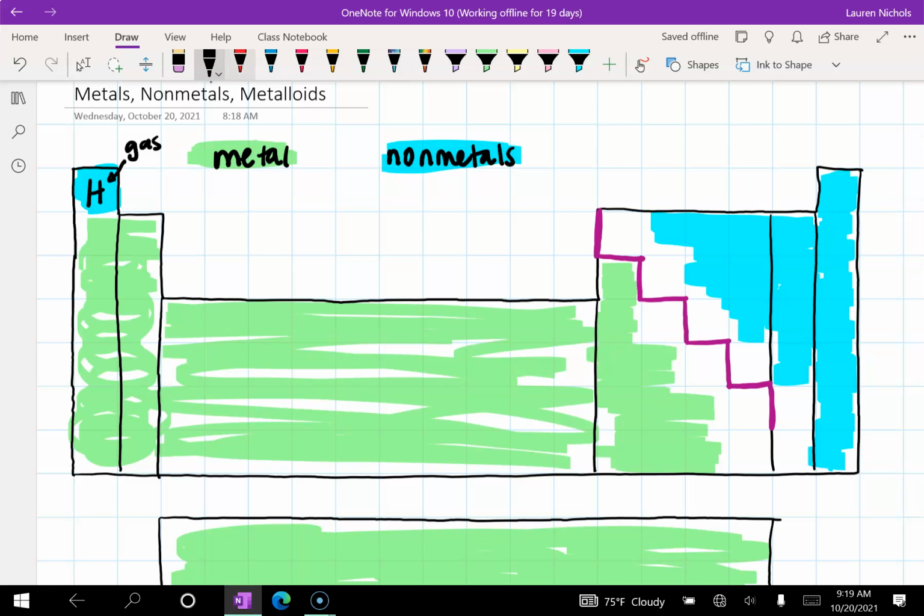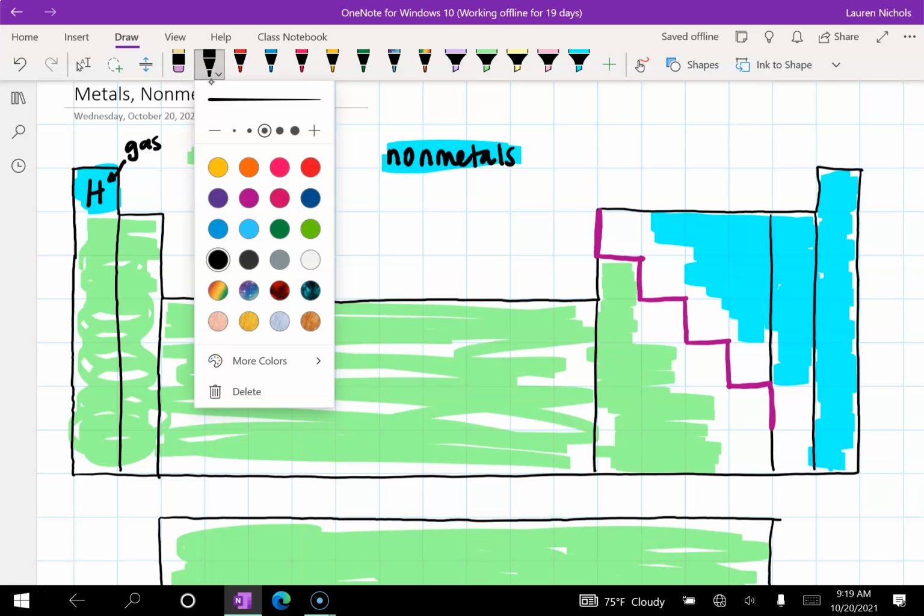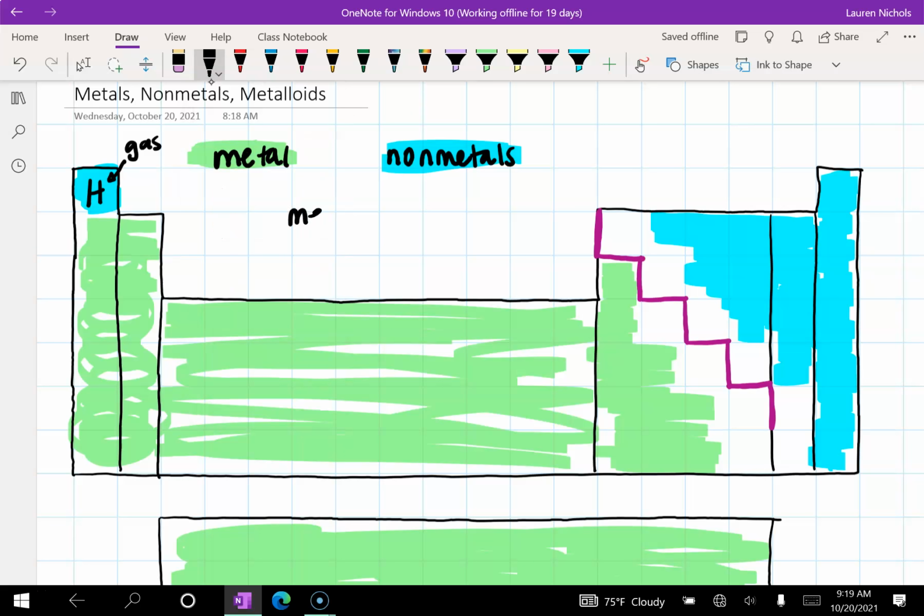Now, there are some that are right along the staircase that are not highlighted, and those are called metalloids. They're kind of a mixture between metals and nonmetals. So if it's touching the staircase, then it is considered a metalloid. So the elements that are in these boxes here are considered metalloids. The only exception to that is aluminum.